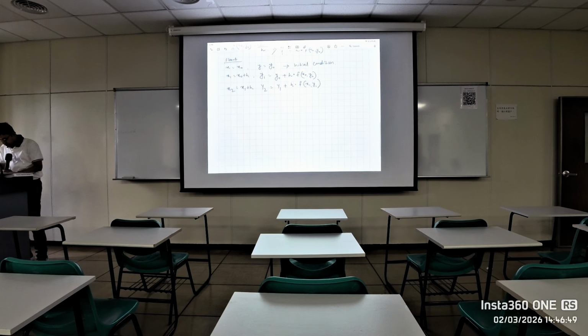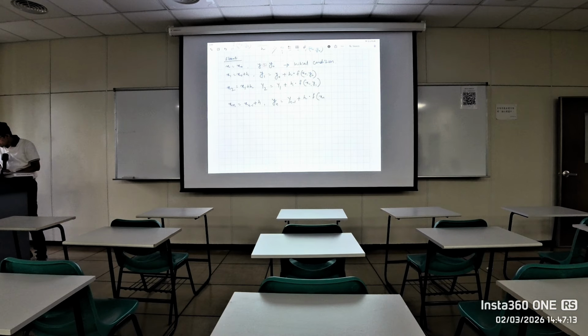So this gives us a more generic form: xn is equal to x(n-1) plus h, and yn is equal to y(n-1) plus h into f of x(n-1), y(n-1).